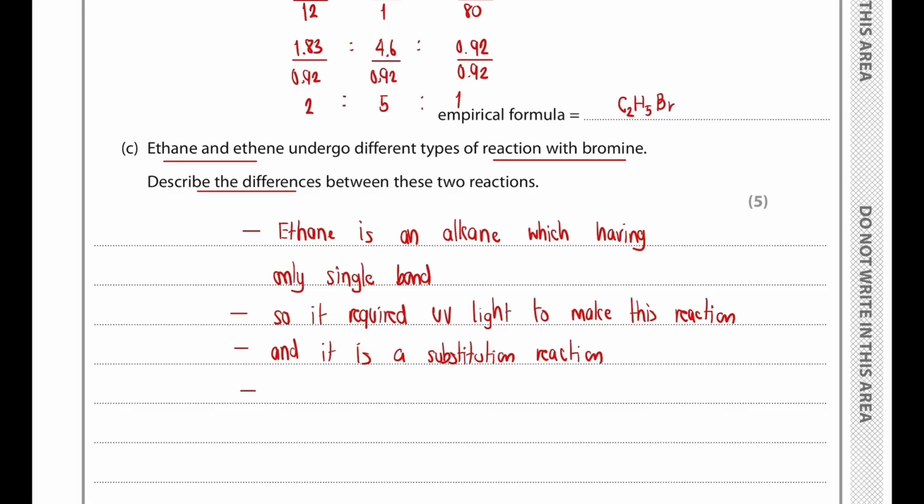Ethene is an alkene which has a double bond.